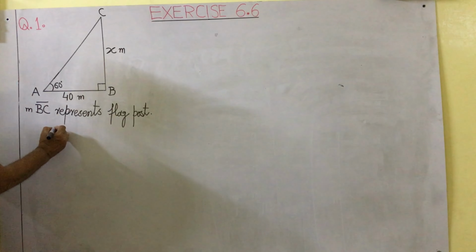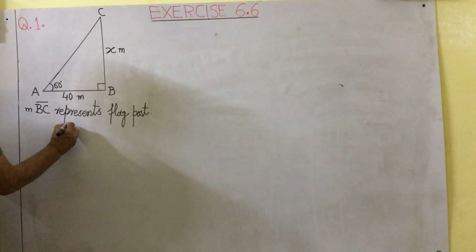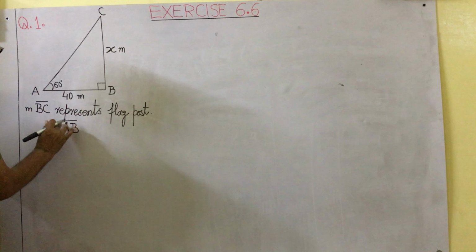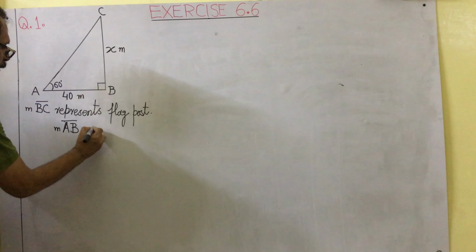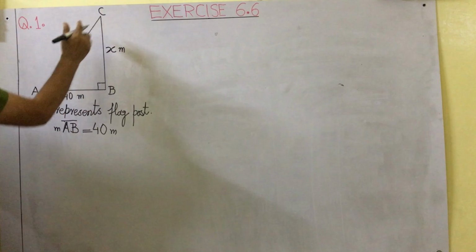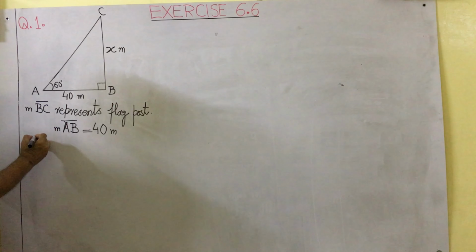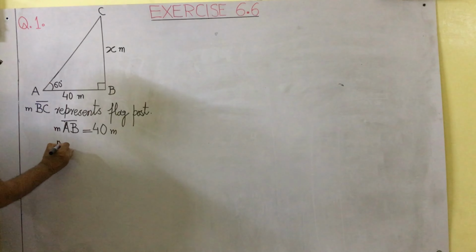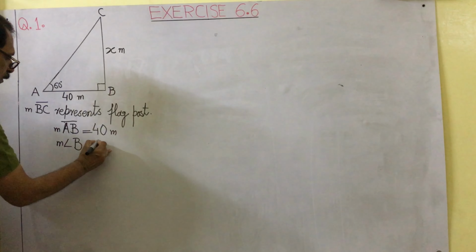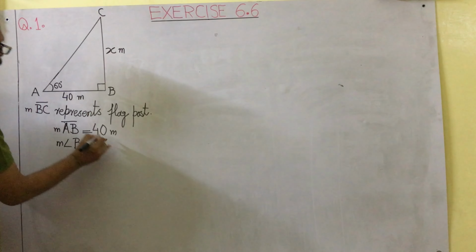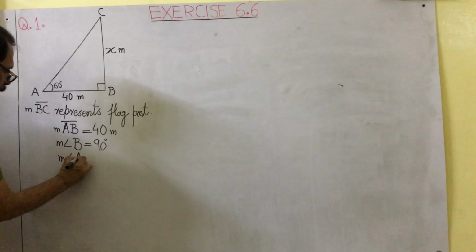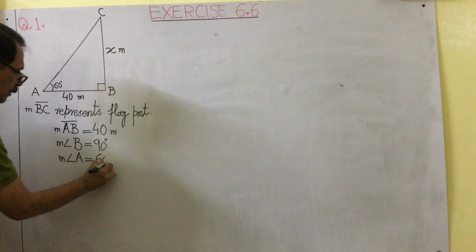In the diagram, AB is equal to 40 meters, BC, let angle B be 90 degrees. Also, angle A is 60 degrees.